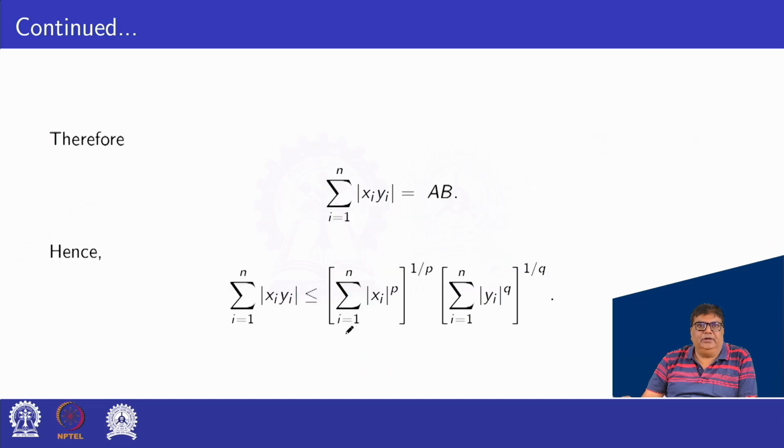So we get summation i is equal to 1 to n, modulus of xi yi, less or equal to summation i is equal to 1 to n, mod of xi power p, whole power 1 by p, into summation i is equal to 1 to n, mod yi power q, whole power 1 by q. This is known as Holder's inequality for p greater than 1 and q defined by 1 upon p plus 1 upon q is equal to 1.